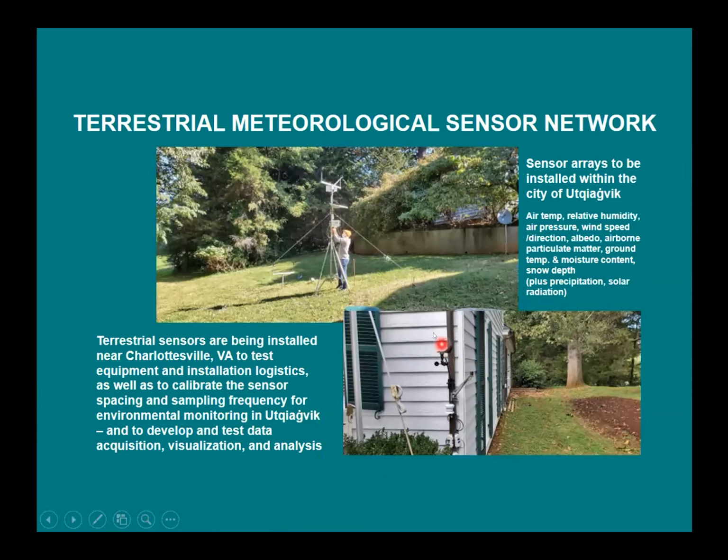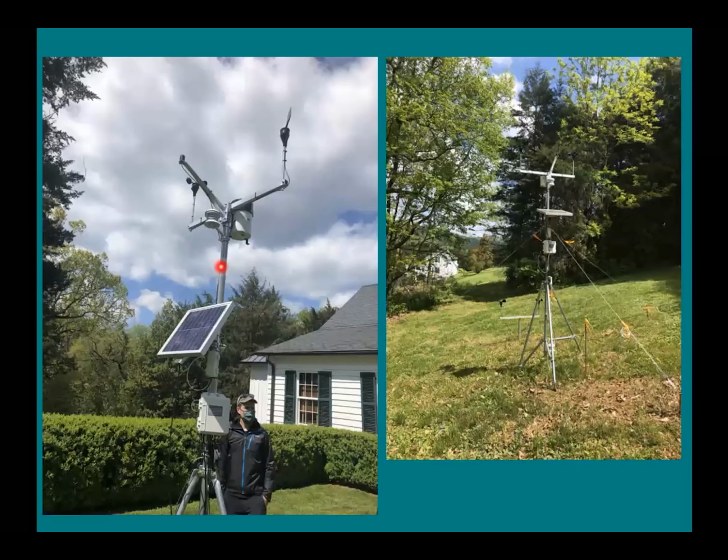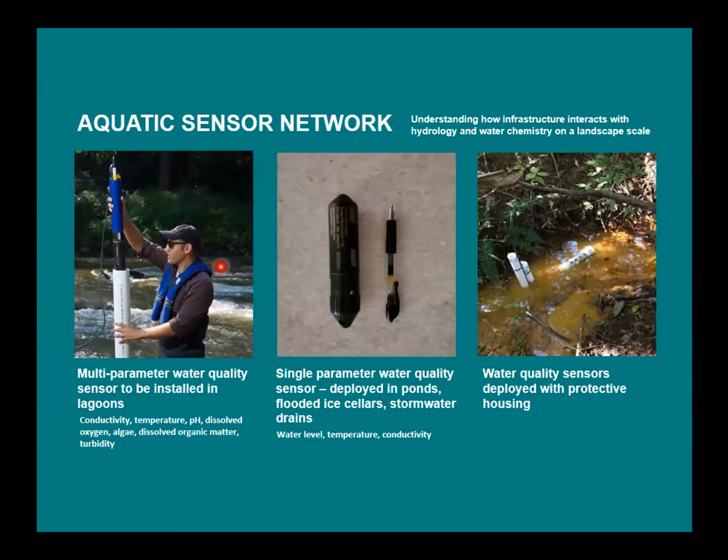When you watch the sensors that are right near a building, they're doing very different things than the ones out in the open. And this could mean very interesting things for what's going on in the ground, both from a moisture and a temperature perspective.